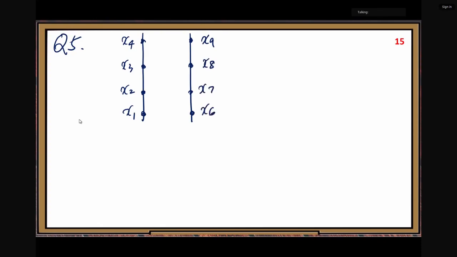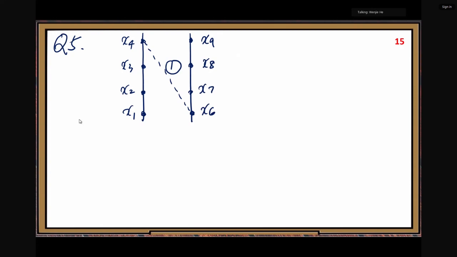Many students gave me this way for the first comparison, because this corresponds to the best case, one comparison. That's the best. But our goal is the worst case, not the best case. So this way is not good for the worst case. This is the most popular solution.